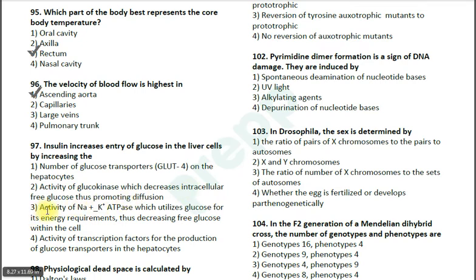Third one is activity of sodium potassium ATPase, which utilizes glucose for its energy requirements, thus decreasing free glucose within the cell. Number 4, activity of transcription factors for the production of glucose transporter in the hepatocytes. So here the correct one is the first, which is the number of glucose transporters GLUT4 on the hepatocytes.